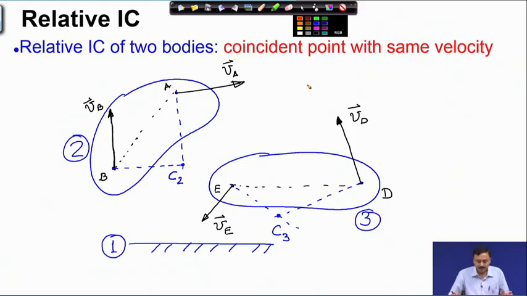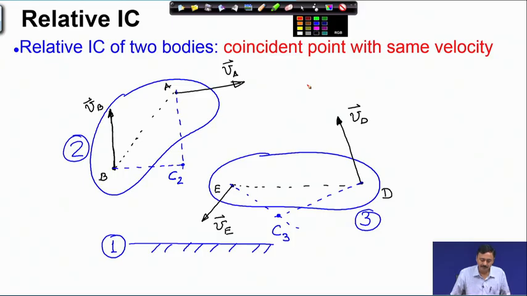So, what is the concept of this relative instantaneous center of rotation? It means that at that point, the velocity of body 2 and velocity of body 3 must be the same.